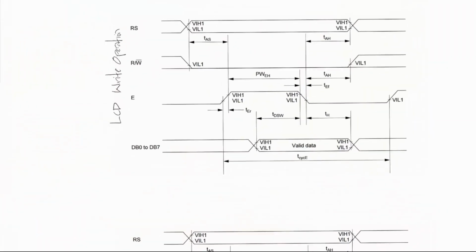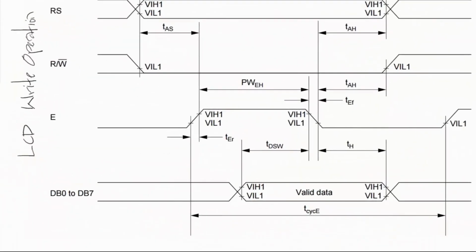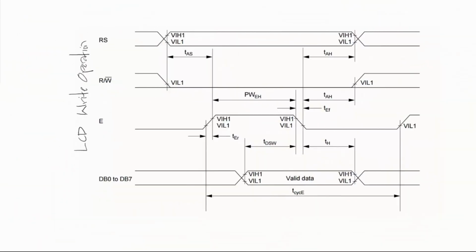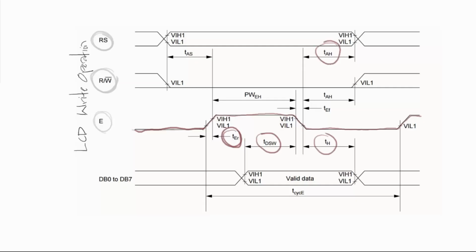I'd like to take a look at controlling the LCD by using the timing diagrams in a specific way. Here are the timing diagrams that I'd like to look at first. You have the LCD write operation, and you can see you have the enable, the read write, and the register select. And you can see that you have the actual high or low signal, and you have the required timings between when that signal has to be high or low with respect to other signals.